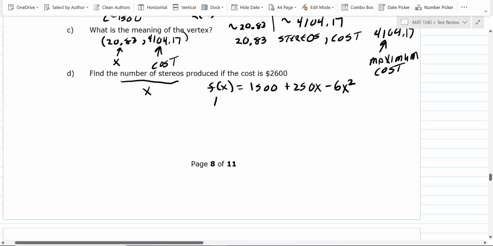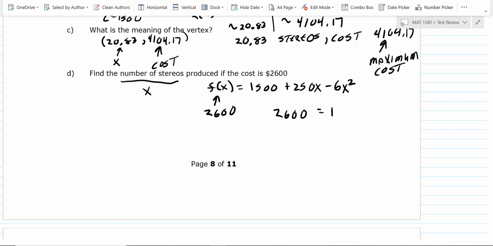The cost is the 2,600. The number of stereos is x. So you got to solve an equation on this. So what we're going to do is replace the f of x with 2,600. So we get the equation 2600 equals 1500 plus 250x minus 6x to the second.